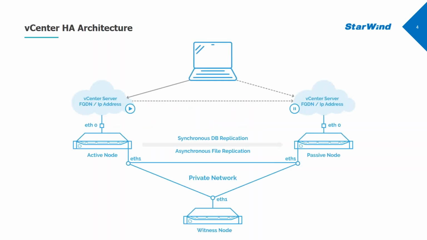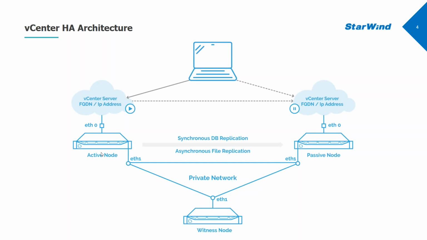On vCenter architecture, over here you can see a 3 node setup: the active node, the passive node, and the witness node. As you may know, the active node is the production VM.